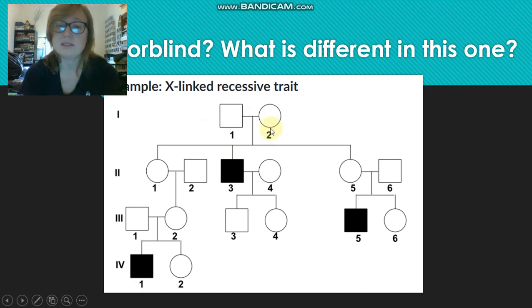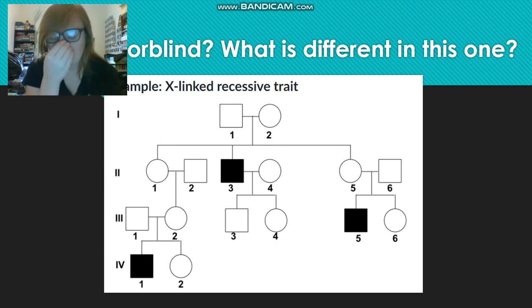Okay, if she wasn't a carrier, well, she wouldn't have been able to pass it down to great-grandson. Okay, so you're not going to see one of these. Okay, chances are. But if you do see a family tree and you see only boys seem to have this trait, it's probably a sex-linked trait.